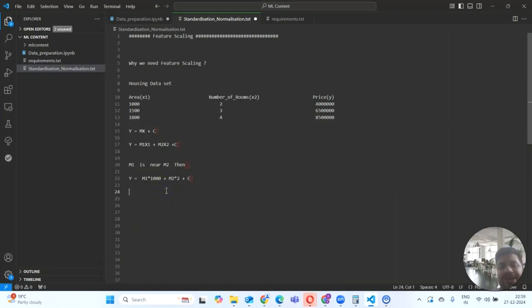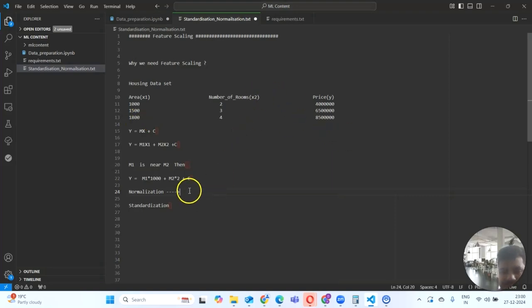Now there are ways to do feature scaling. The major ways are normalization and standardization. Normalization is basically, if you have a feature like x1, we put it into the 0 to 1 range. The same goes for x2, which also goes into the 0 to 1 range. So here the values of x1 will be 0 to 1 and x2 also 0 to 1.